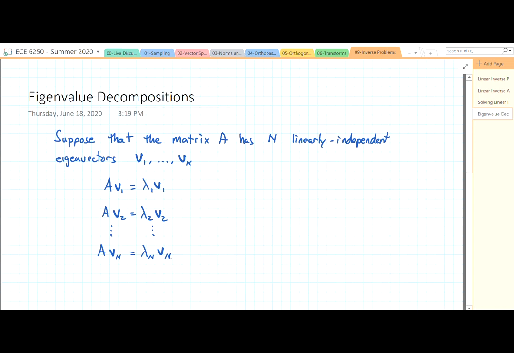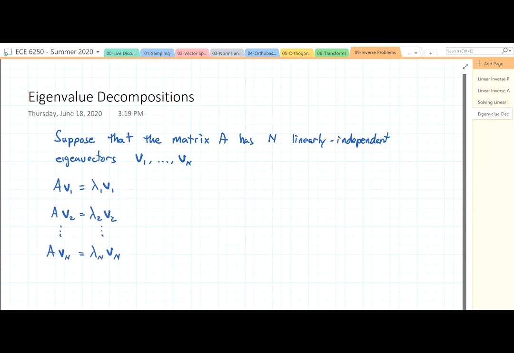Well, this set of equations can be written as matrix equations that look like this. We have A times these vectors here. They're column vectors, so I'm just going to throw them in there and accentuate their column nature, like so.